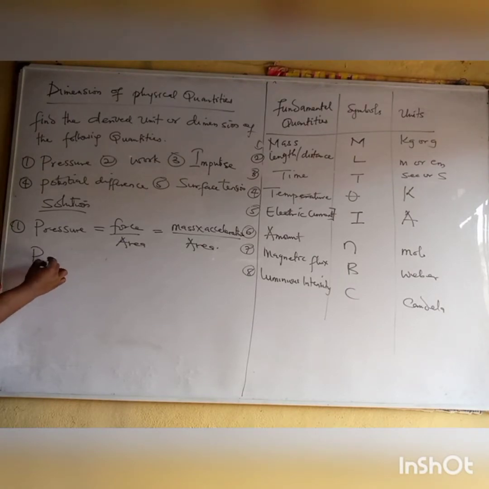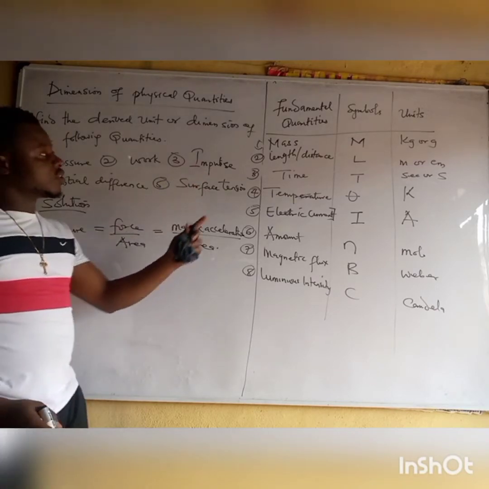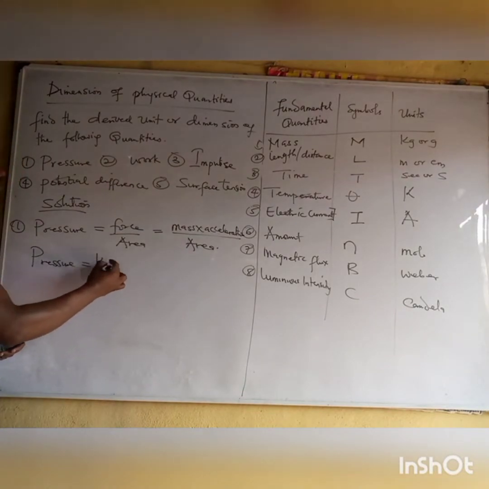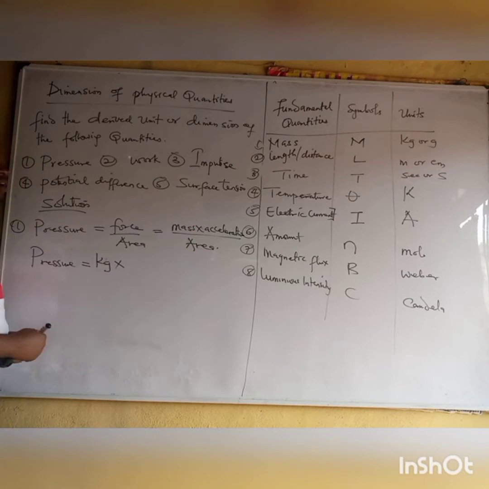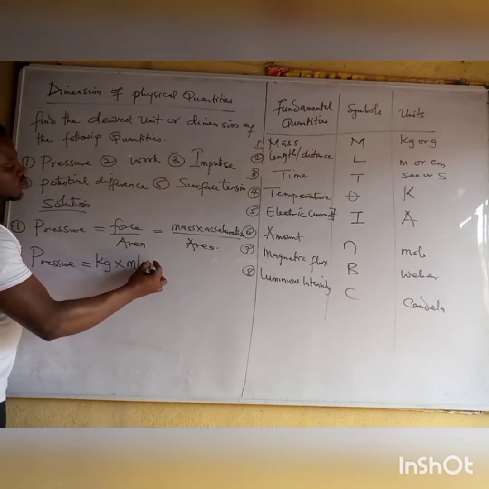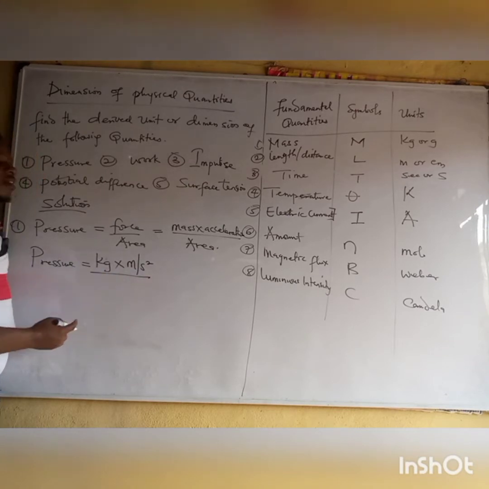So pressure is equal to mass, which is measured in kg, times acceleration, which is meter per second square, all over the area, which is meter square.